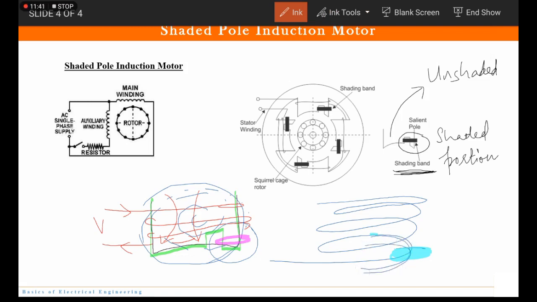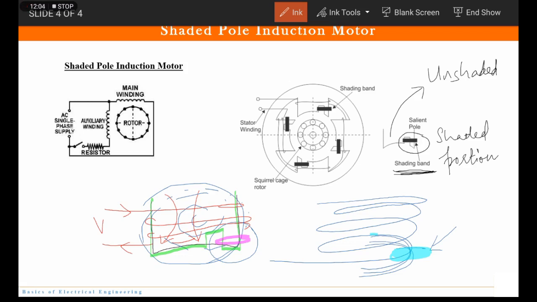It is passing through it. So a magnetic field is induced in this shading coil also. It is a single turn copper band kind of thing. It does not have multiple turns. But then magnetic field is induced.